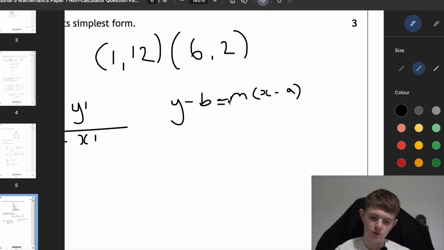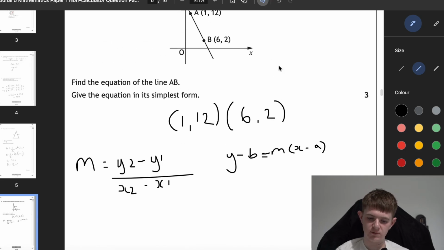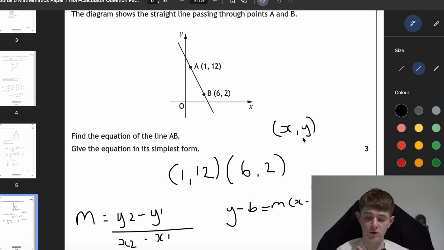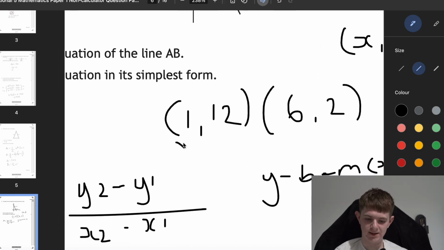Essentially, we need to label our coordinates first. So a set of coordinates is represented by the x value and the y value. So the x-axis here, the y-axis here. So the first number in the coordinates is x, second number is always y. So we're going to go through and label them. 1 represents x1, so the first x, and 12 is the first y.